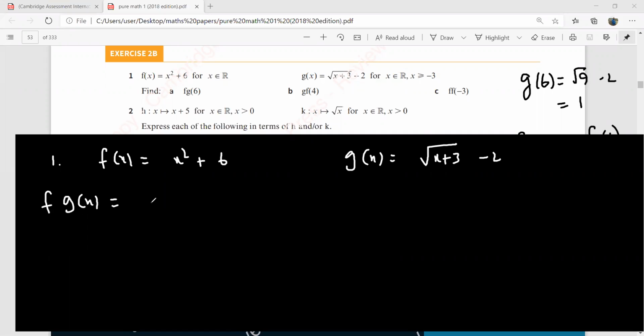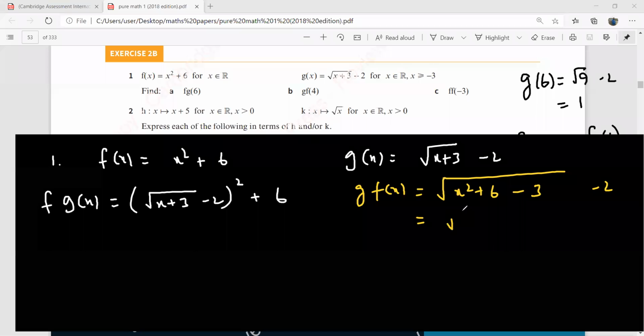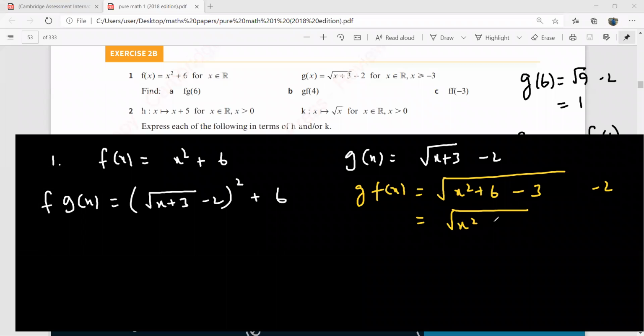Now fg of x would mean the square root of x plus 3 minus 2 whole square plus 6. And if you have to write this gf of x, that would be the square root of x square plus 6 minus 3, and then you have minus 2. So that would be x square plus 3 minus 2.